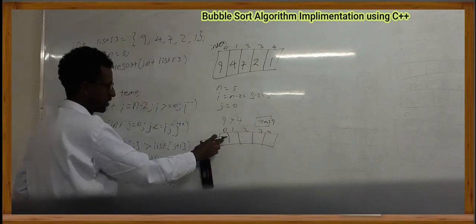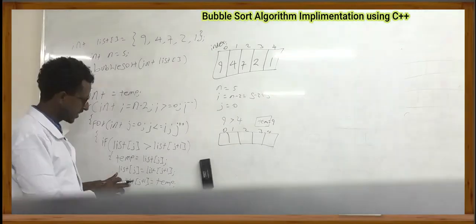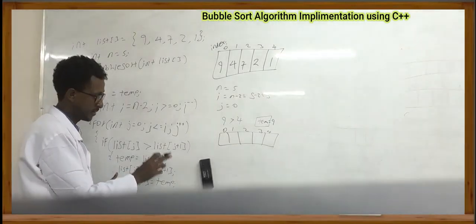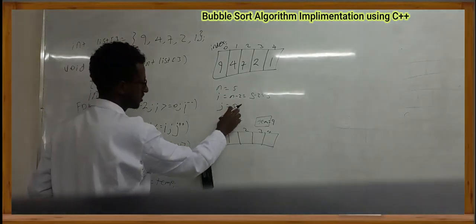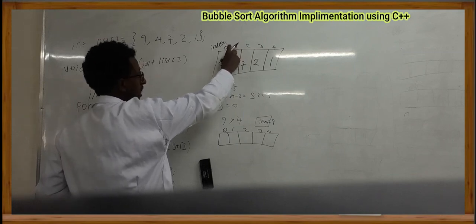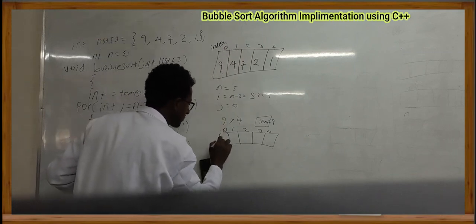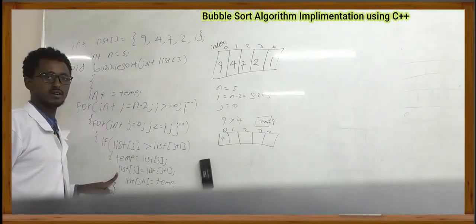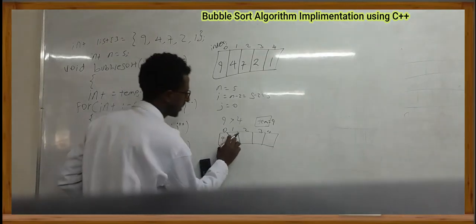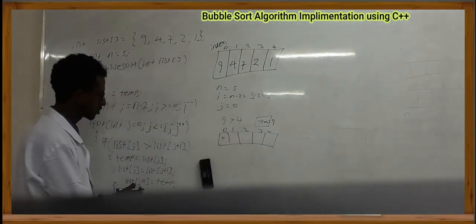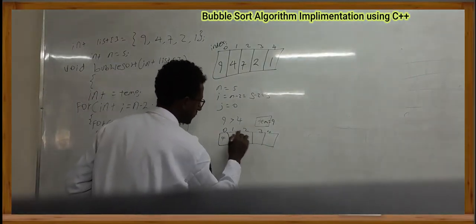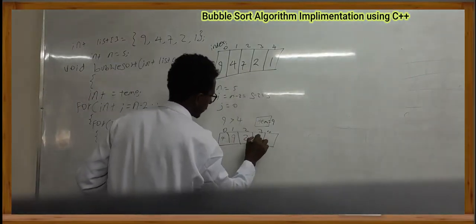Then put the value of the j plus 1 item there. j is 0, plus 1 is 1, and the value at index 1 is 4. Put 4 here, and list of j plus 1 is free. So we can swap it with the temp value, which is 9. Then 7, 2, 1 are in the correct position.